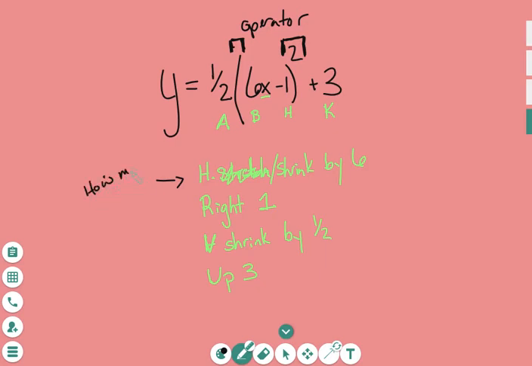So how much faster or slower this is happening, and this is how much taller or shorter. So when a number is larger than 1 for our b value, it would be happening faster, meaning it's getting skinnier or shrinking.